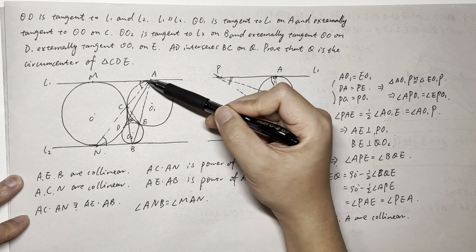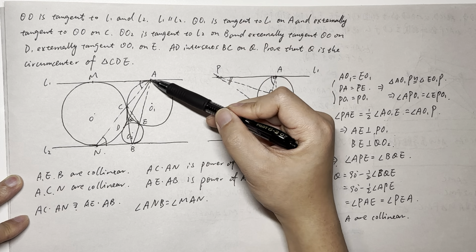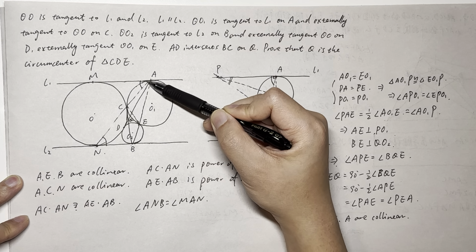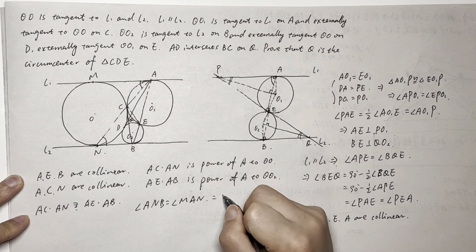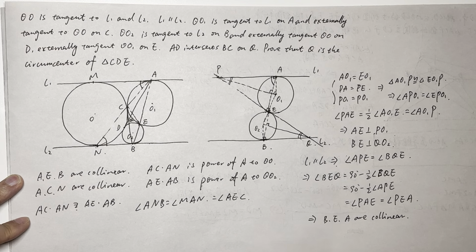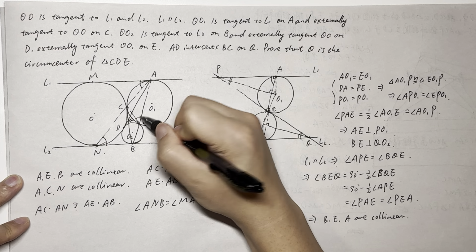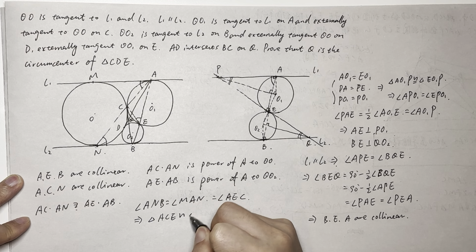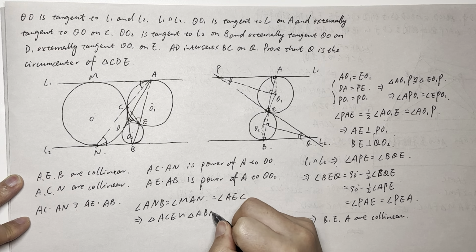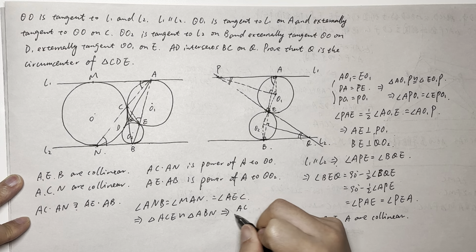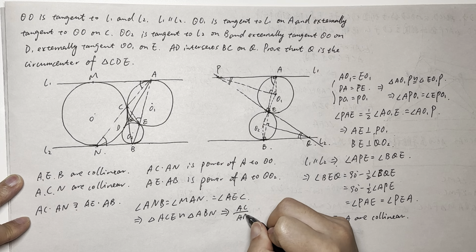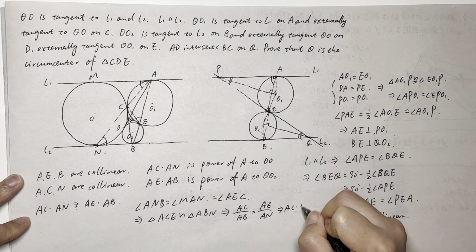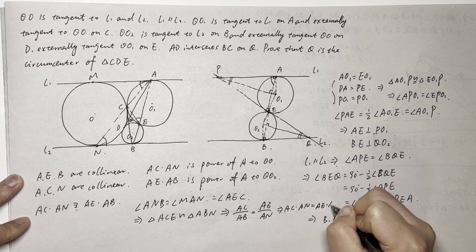So angle MAN, which is angle MAC, equals angle AEC. So triangle ACE is similar to triangle ABN, which means AC divided by AB equals AE divided by AN, which means AC times AN equals AE times AB.